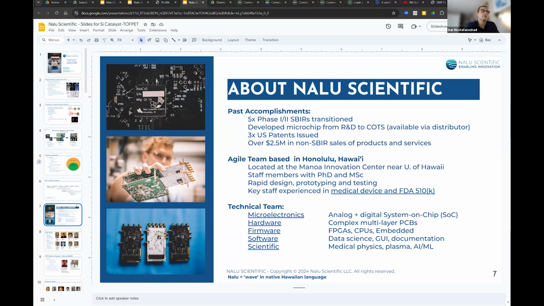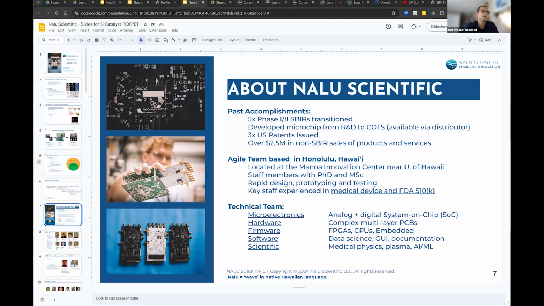That allowed us to get our first SBIR to develop our microchips and then develop the hardware that goes with it: printed circuit boards, firmware and software, and the data processing suite that goes with it. We also have scientific advisors and staff members on our team with PhDs in physics and electrical engineering that help us interface with the customers better.